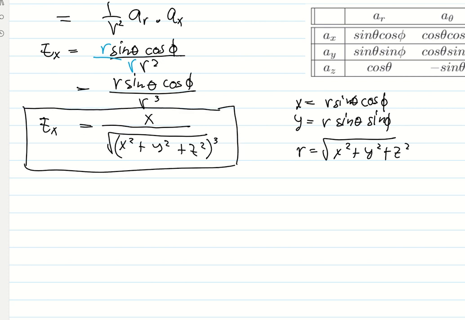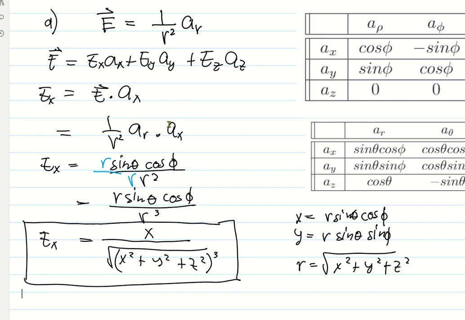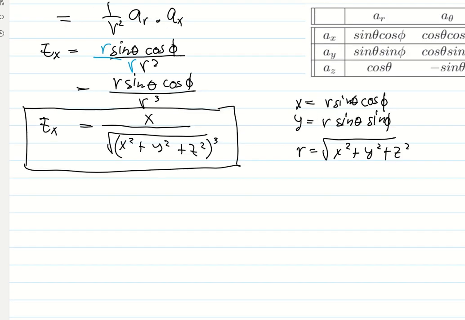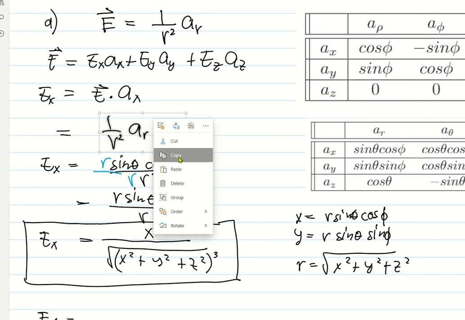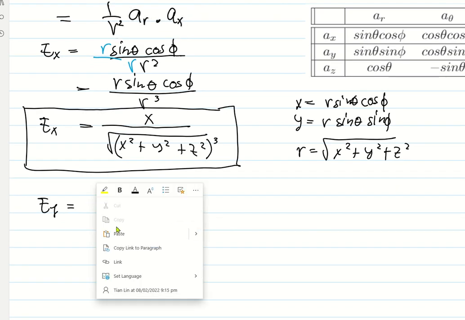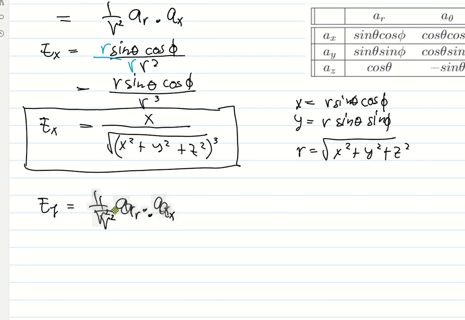So if you look at this component, it's in terms of x, y, and z. And we repeat the process for E_y and E_z. So for E_y, we have, again, this one. I just change this with a_r dot a_y instead of a_x. In the table, a_r dot a_y is sine theta sine phi.